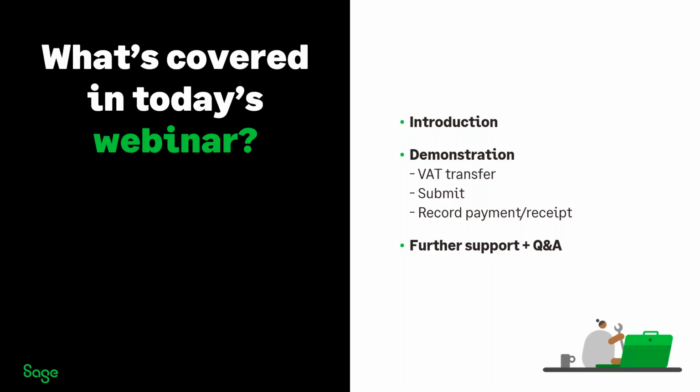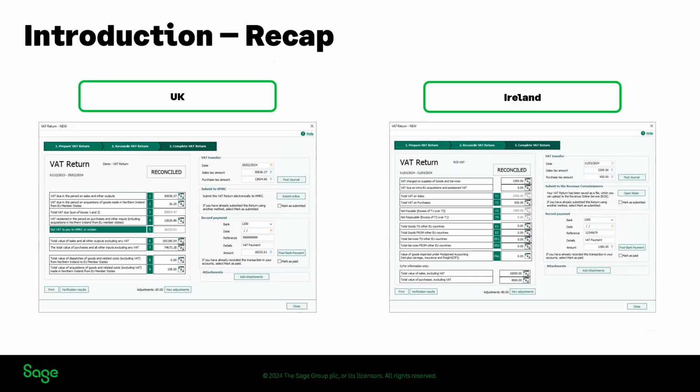Right, so let's get stuck in. Just a little bit of a recap of where we're up to in the VAT return wizard. In part 1, which we ran on Tuesday morning at 11, we covered steps 1 and 2 of the VAT return wizard: preparing your VAT return, where you took the backup and specified your VAT quarter or whatever period you were running it for.